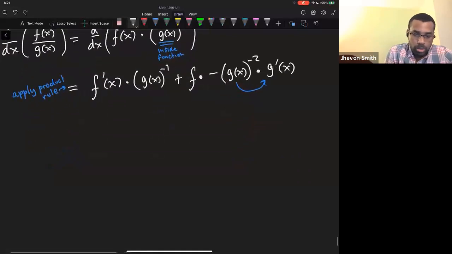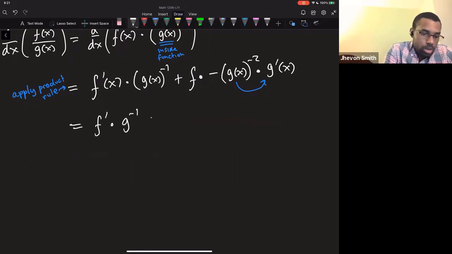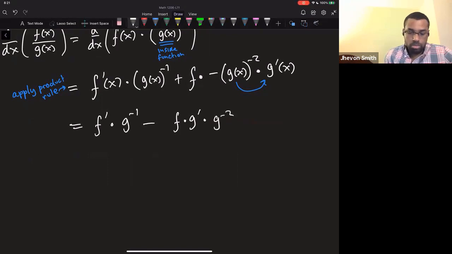Let's clean this up a bit. So this is going to be f prime times g to the minus 1 minus f times g prime times g to the minus 2.